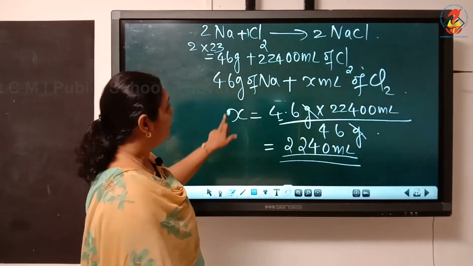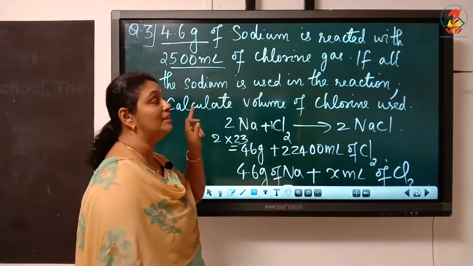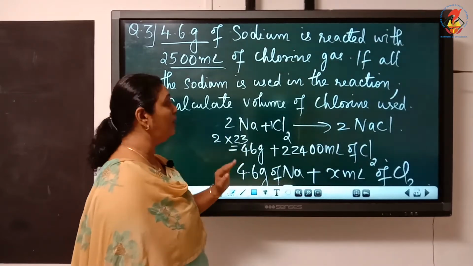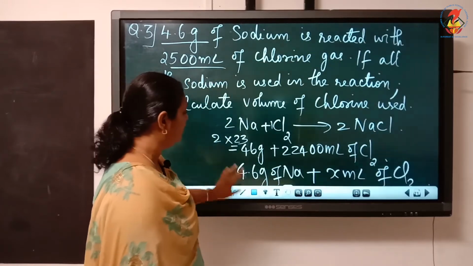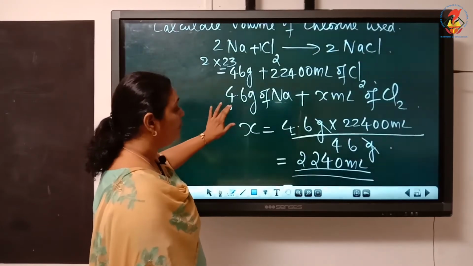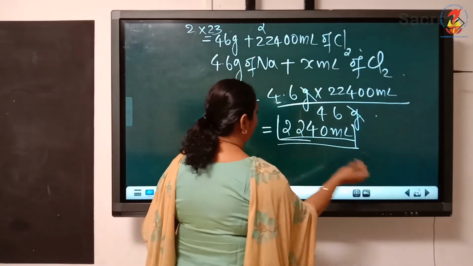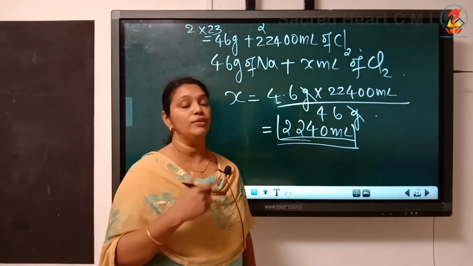So, if you look at this question, you can see if all the sodium is used in the reaction, which means sodium is the limiting reagent, calculate the volume of chlorine used. So, we can say out of 2500 ml, we used only 2240 ml of chlorine gas to react with 4.6 gram of sodium.